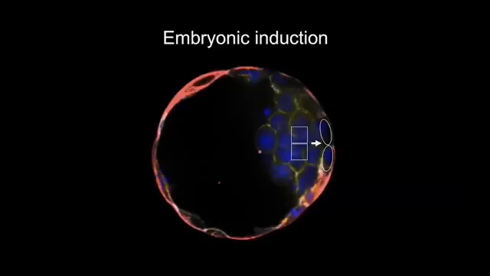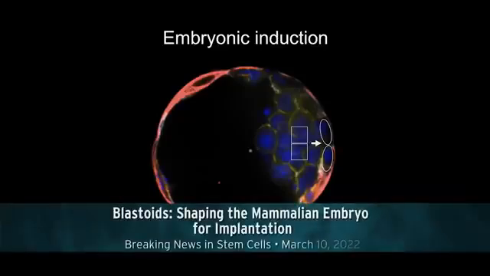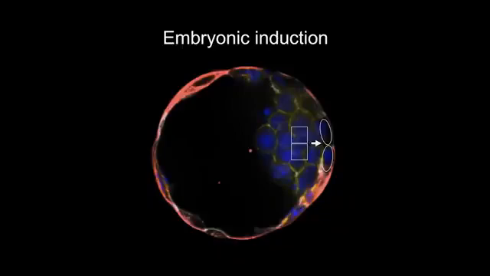So using this model, we have focused on re-exploring a very classical concept in developmental biology, which is called embryonic induction, when one group of cells is directing the development of another one.